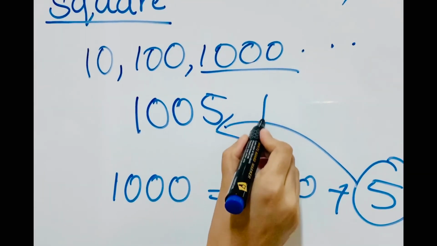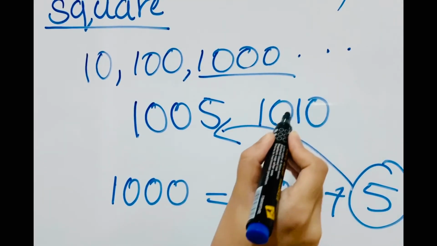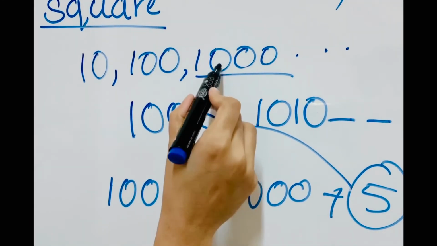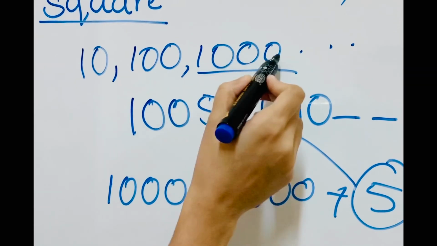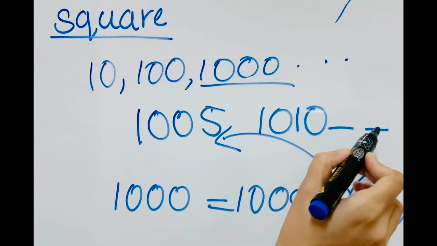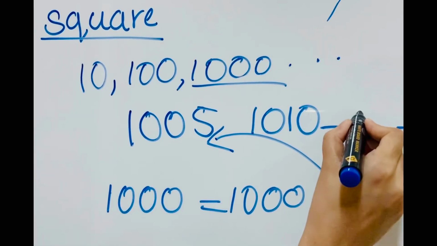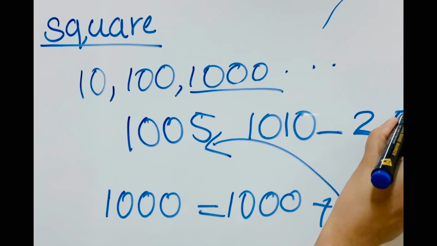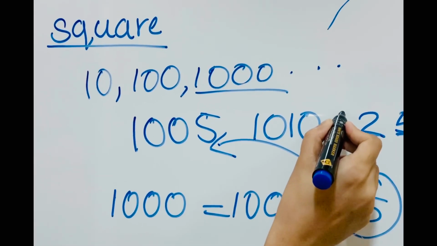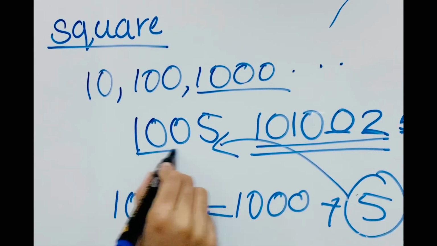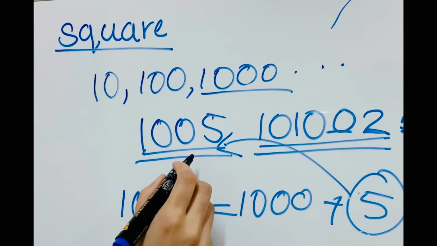It will be 1010. Then we need three numbers because there are three zeros in our base. Take the square of 5. The square of 5 is 25. But we need three numbers, so put a 0 here. This is the square of 1005.